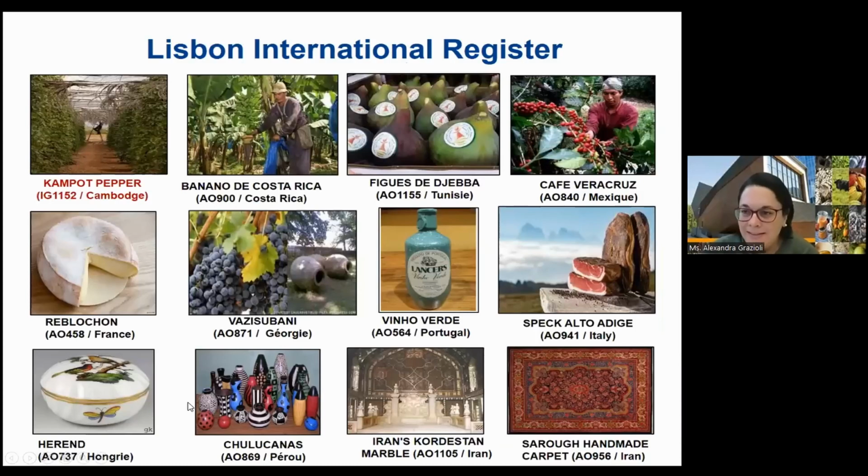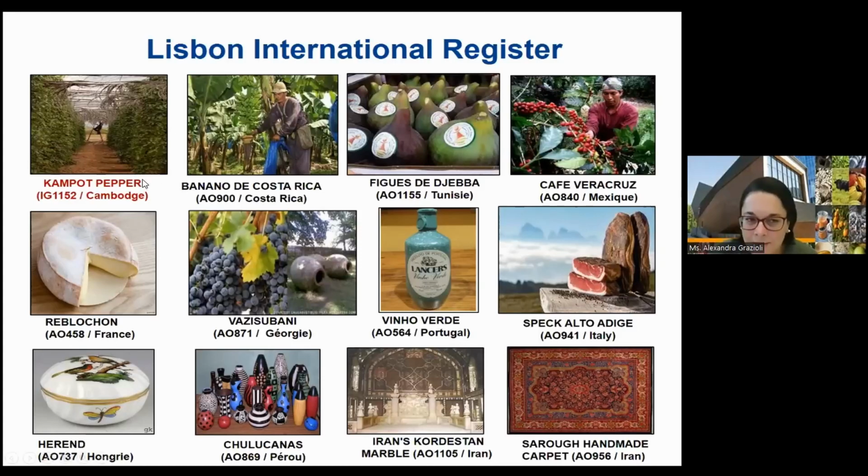You have on this slide examples of different GIs protected, at least I will mention rather appellations of origin protected under the Lisbon system, because all the appellations that are in black on this slide are appellations of origin, registered at the time according to the old version of the Lisbon Agreement, but now they are also protected for some countries like Peru under the Geneva Act as well, because Peru joined the Geneva Act.